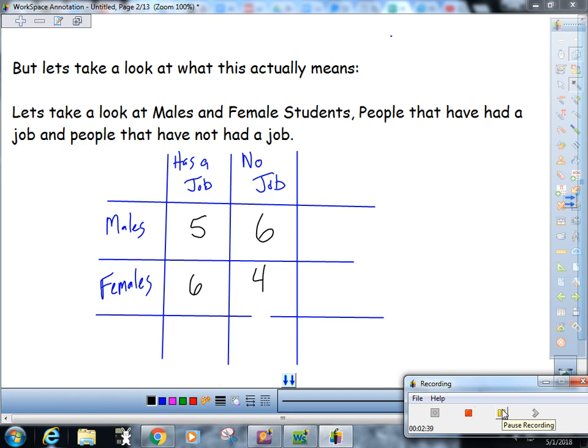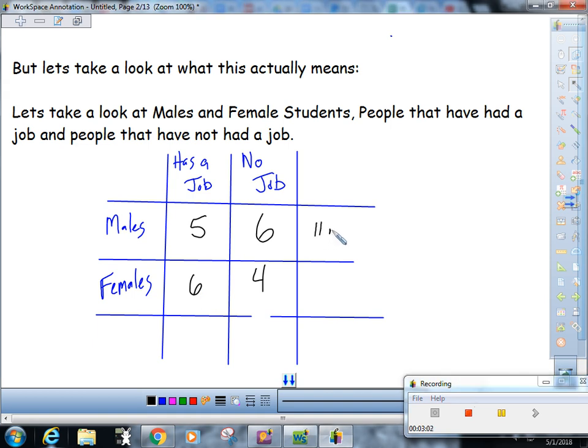Okay, so we gathered some information about the people sitting in this room, and it turns out that there are 5 males in this room with a job, 6 males without a job. There are 6 females with a job, 4 females without a job. Okay? My first suggestion is when you get these little charts, you should do your totals and label them.